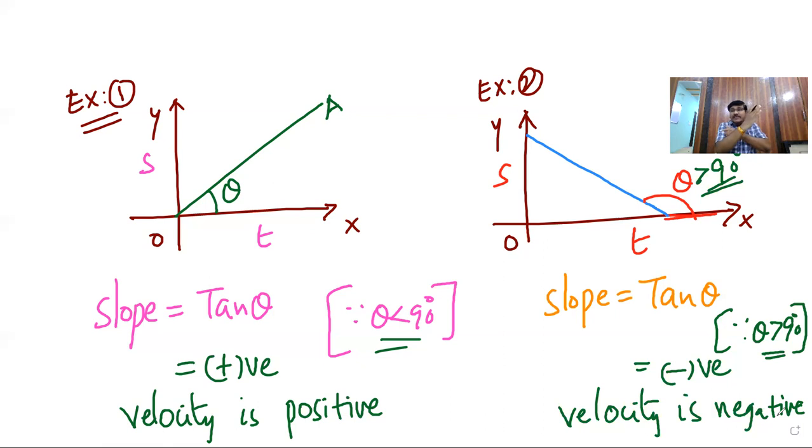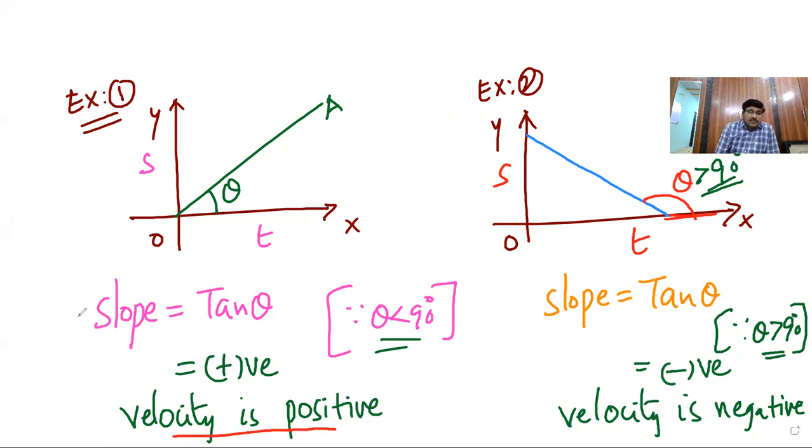Tan theta gives a negative value, that means slope is negative. When the slope of the S versus T graph is negative, velocity is also negative.